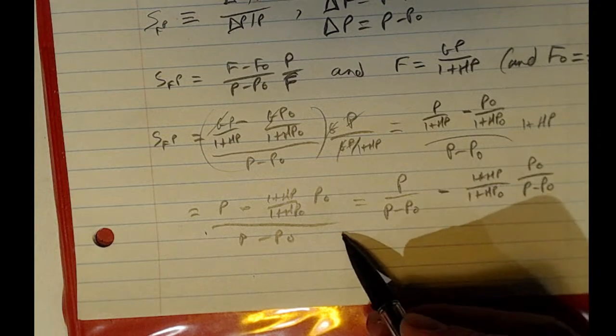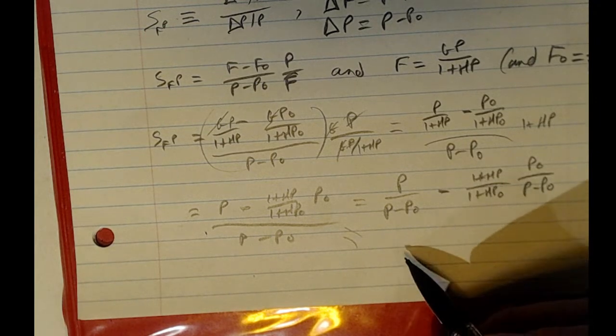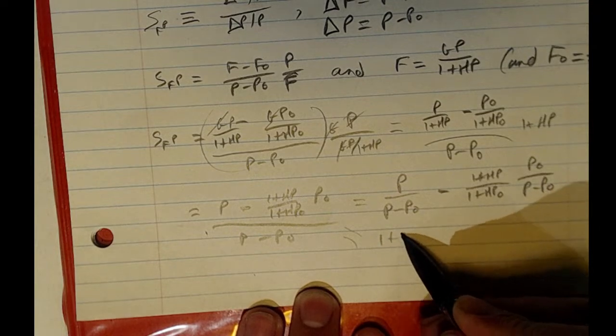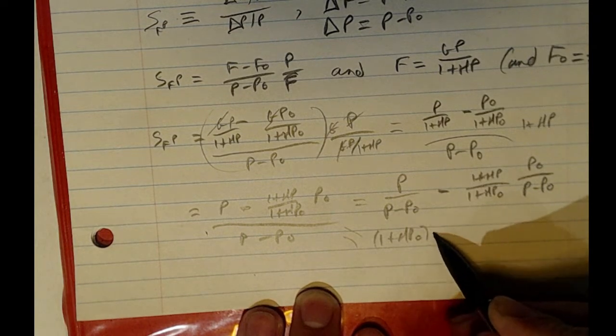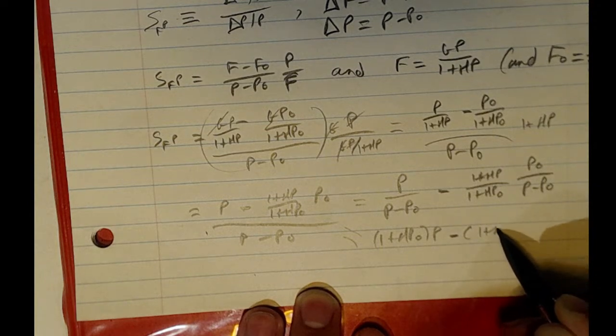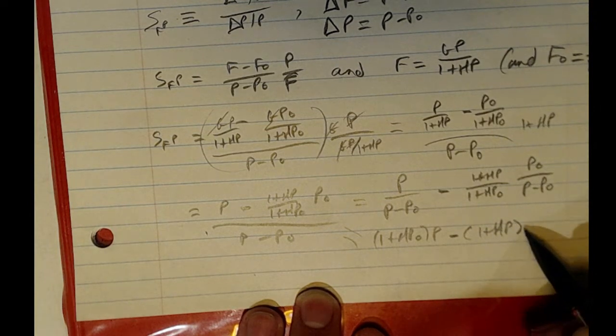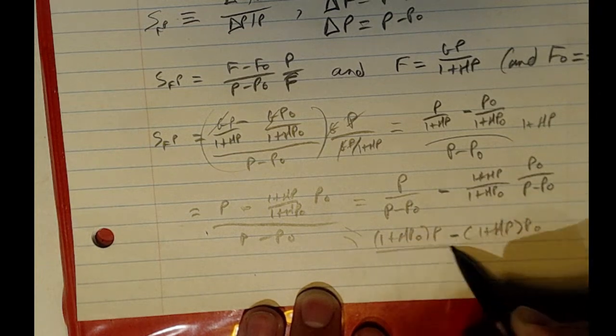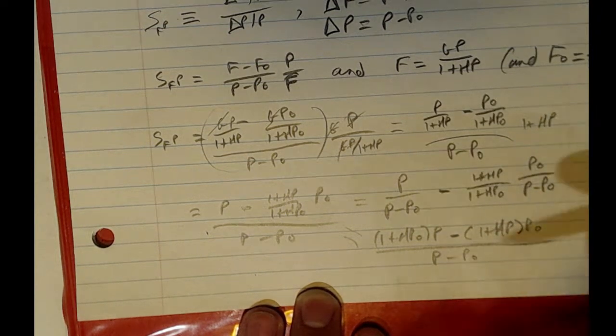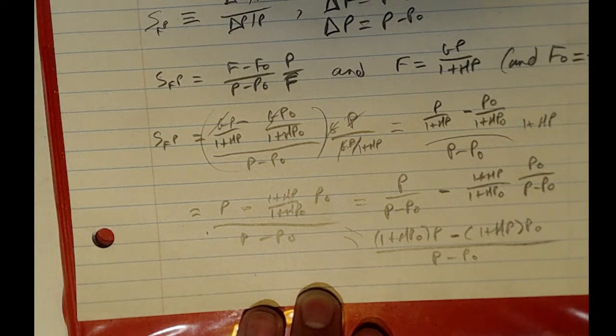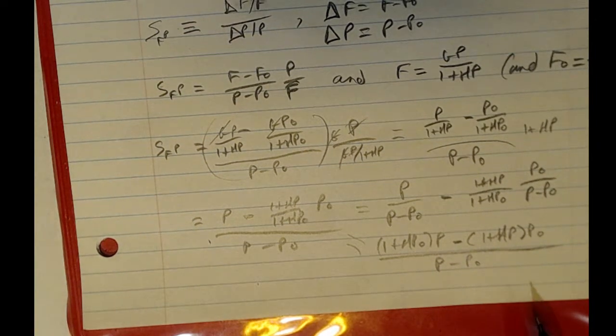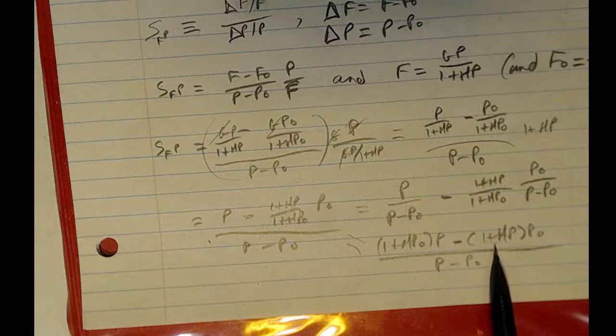Let me try something else. Now if I expand out the top, oh, we have p plus hp naught p, and then over here we have minus hp naught p.